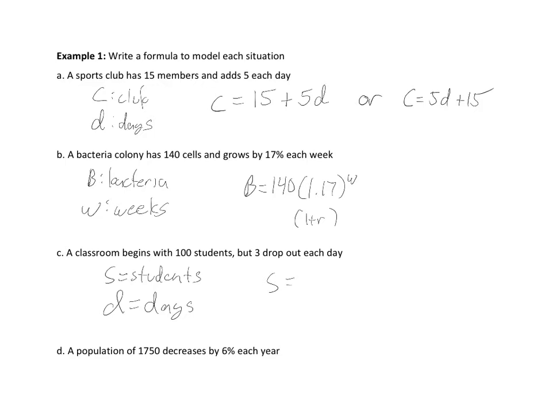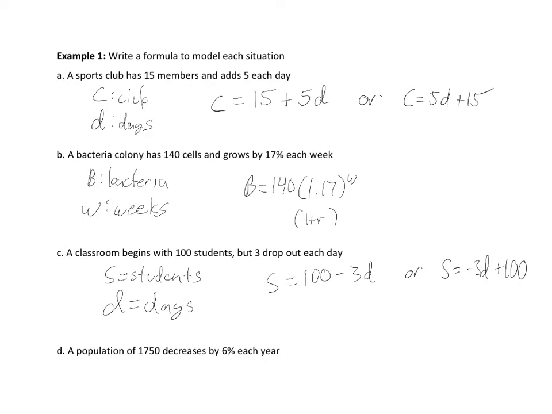Then our students would equal 100 minus 3 times the number of days. And again, that doesn't necessarily look like our mx plus b form, or in this case we have S and D, but you could rearrange that and say S equals negative 3D plus 100, and now it's in that form.